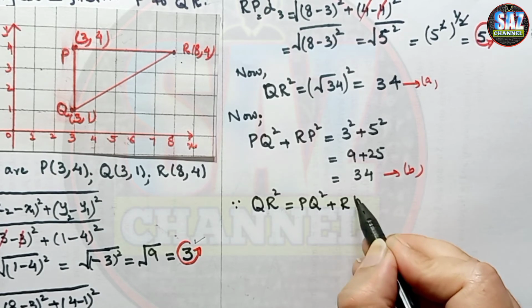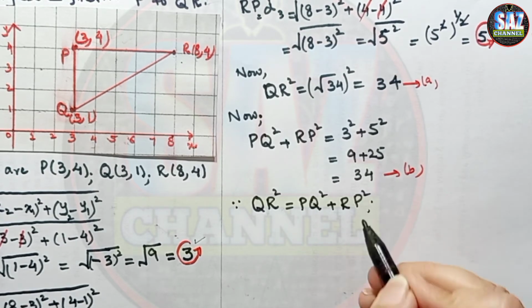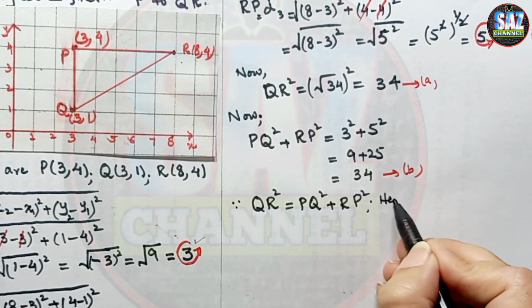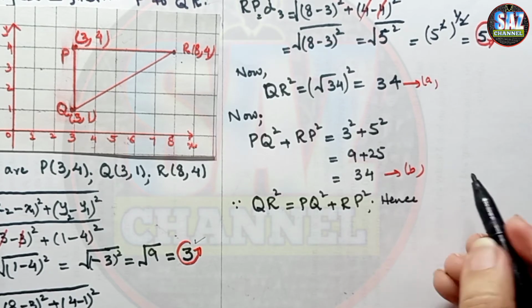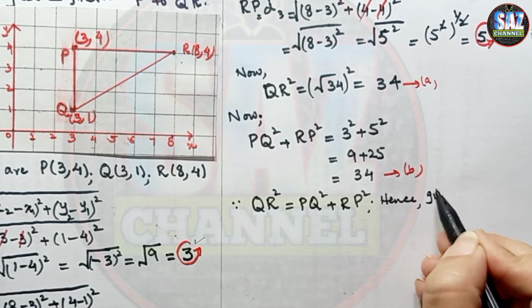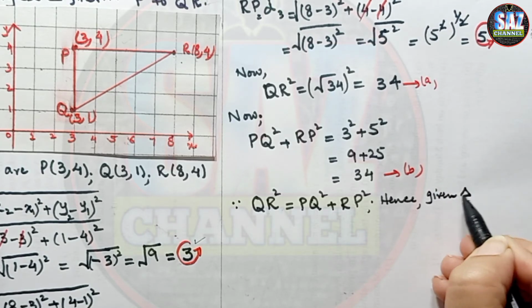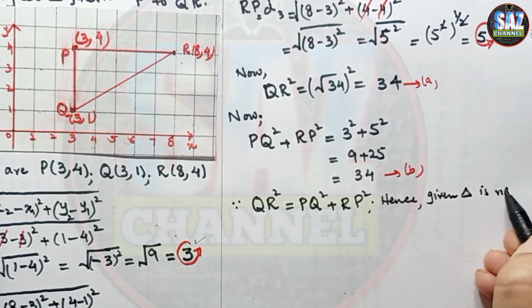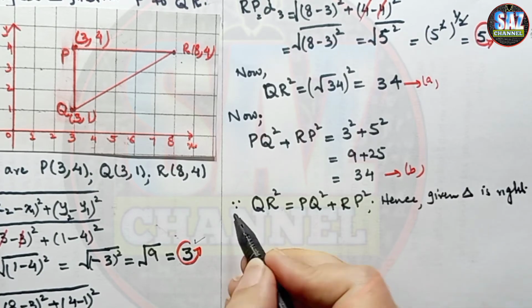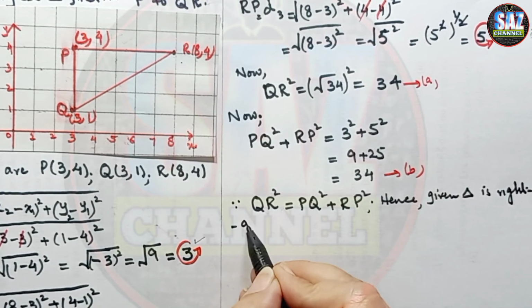Hence the given triangle is a right angled triangle.